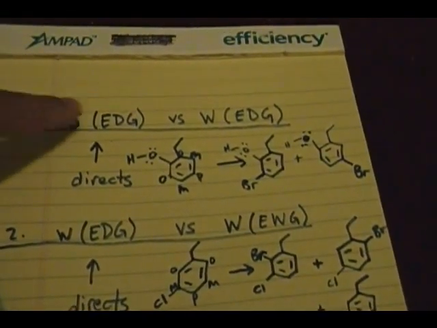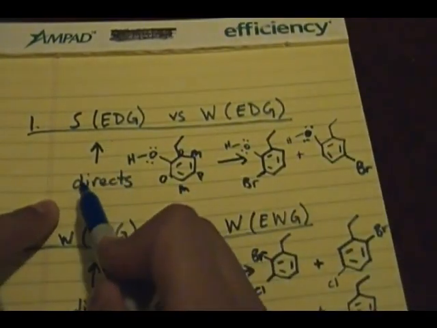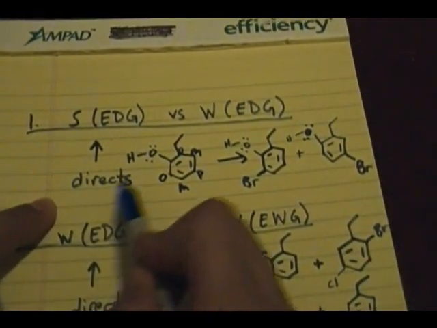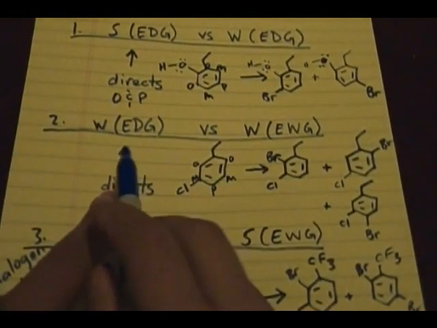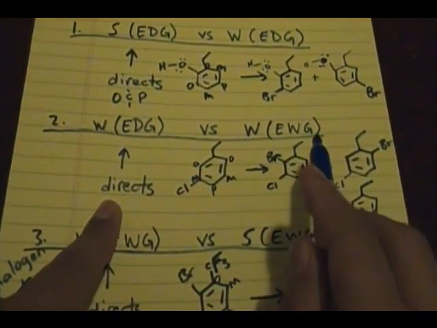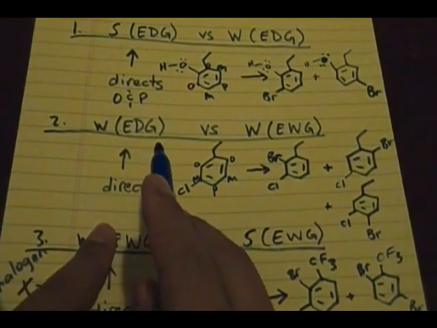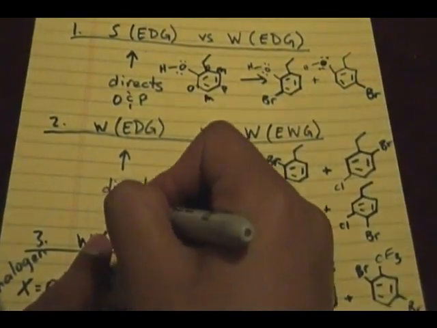A little recap: strong electron donating group versus weak electron donating group. Strong electron donating group directs ortho and para. So our O and P for ortho and para. Weak electron donating group versus weak electron withdrawing group. Weak electron donating group directs ortho and para.